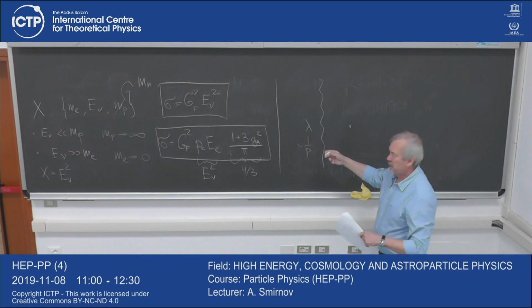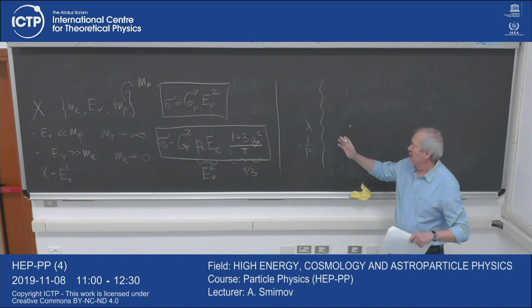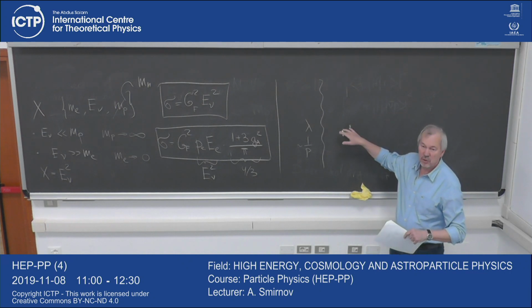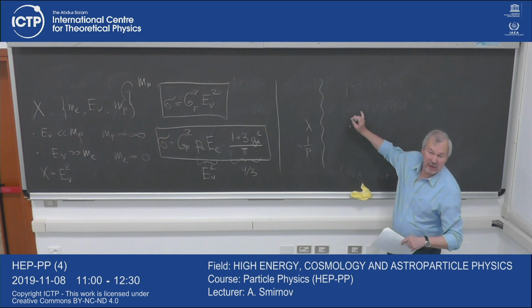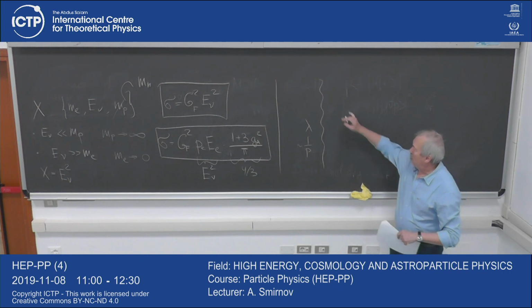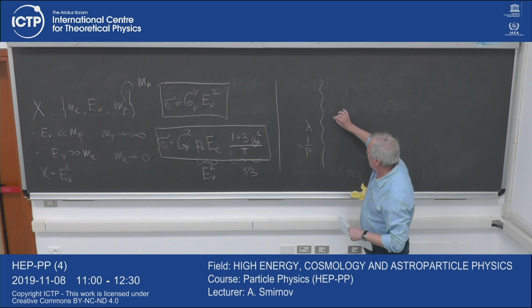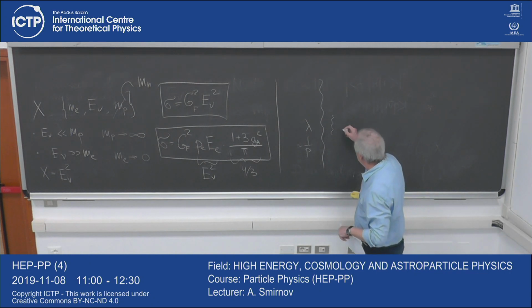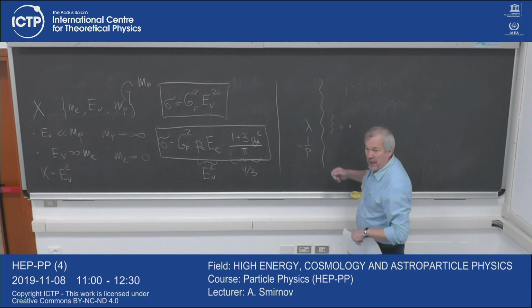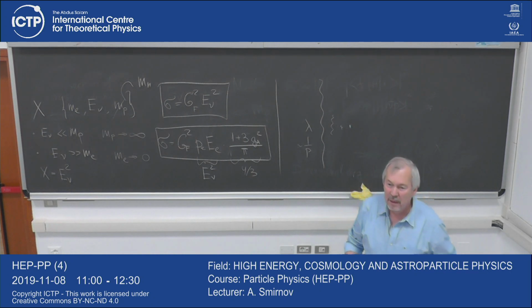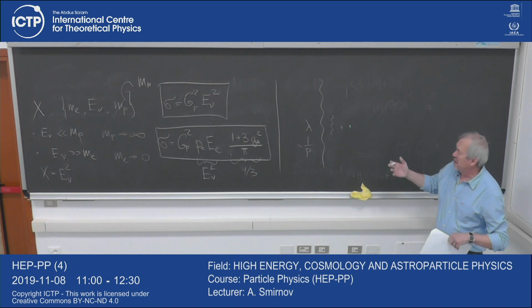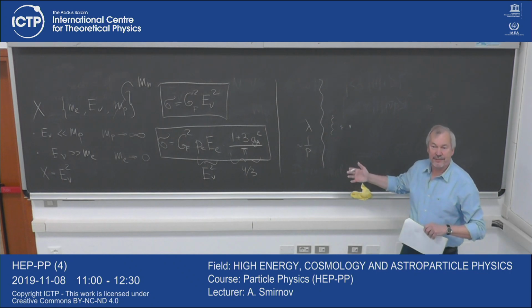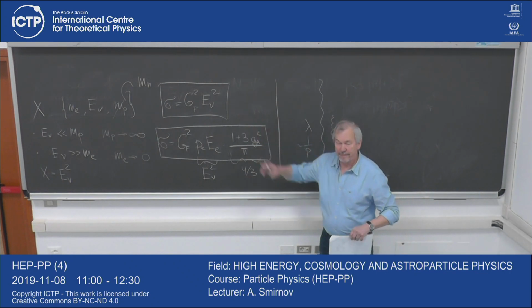The result of scattering, in the wave picture, is the distortion of waves. You need to compute how the wave is distorted when you have scattering on some very small object. If the wave becomes smaller and smaller, the distortion will be bigger. And if the wave becomes comparable with the size of your object, then the distortion is very big. So one expects that the bigger the energy, the shorter the wave, the stronger the interaction. And this is what you see in this formula.